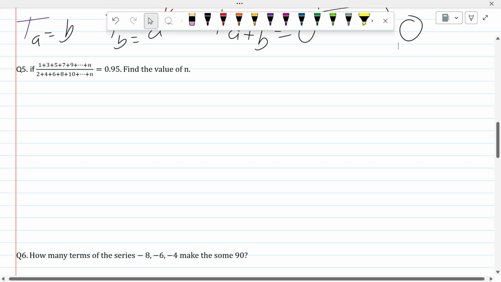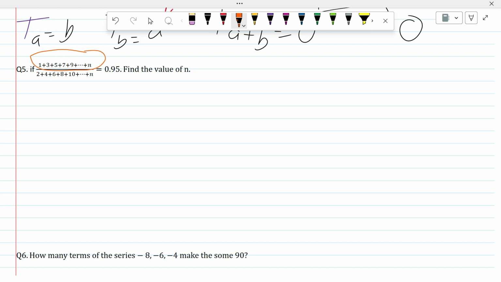Now this is another tricky question. What we have to do in this, we have been given this expression, and we have to find the value of n. Now I can also write this as 95 upon 100. So I can equate 95 to this and 100 to this.